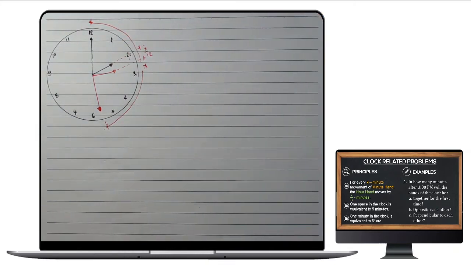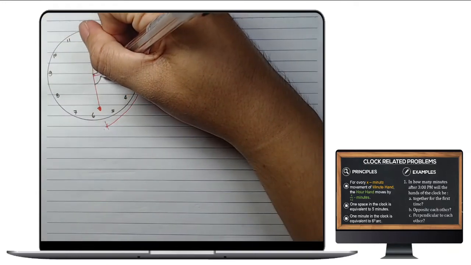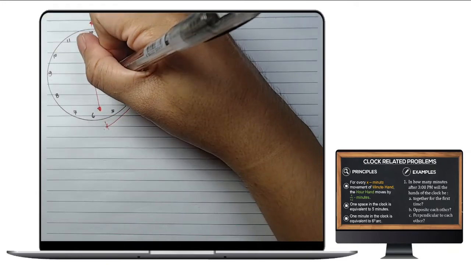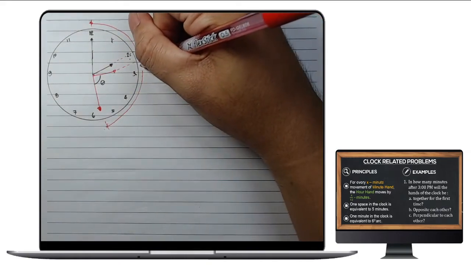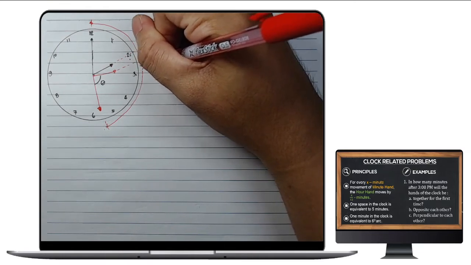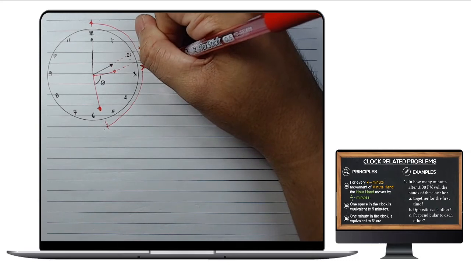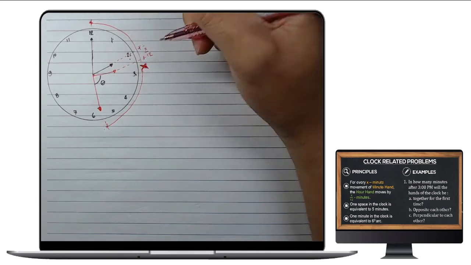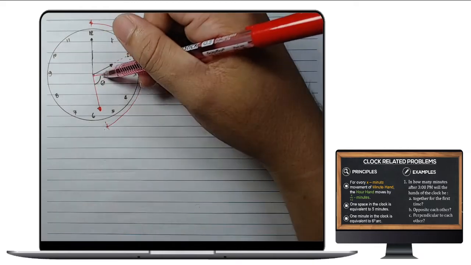Therefore, may makikita tayong angle in between the minute hand and the hour hand. So this is the angle, let's call it angle theta. Again, our x is in the middle, referring to the x minutes. Then this is our theta.